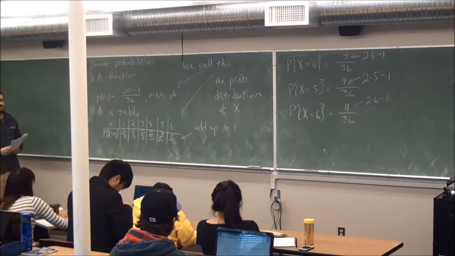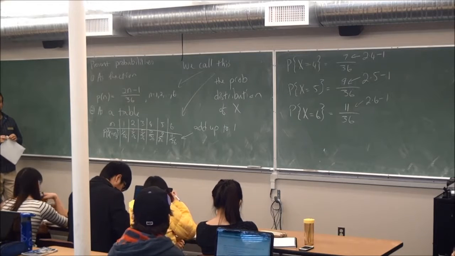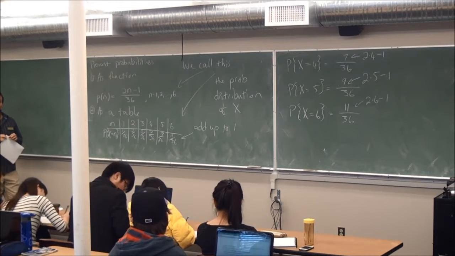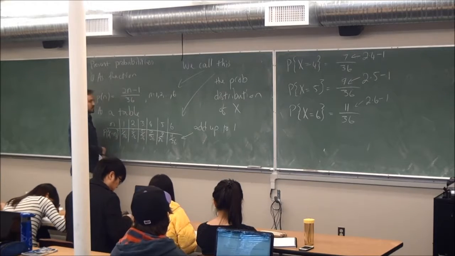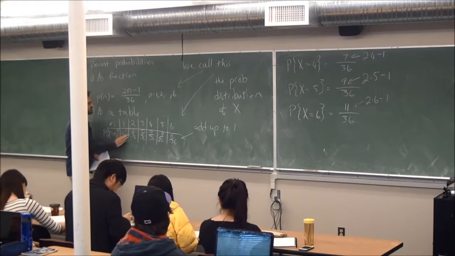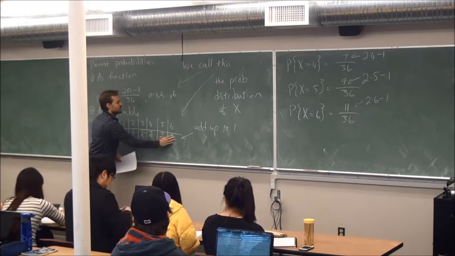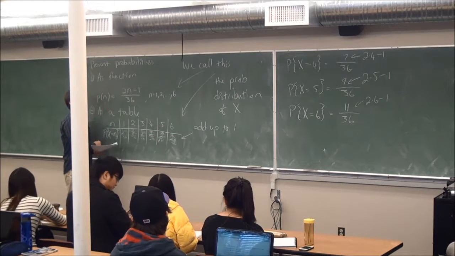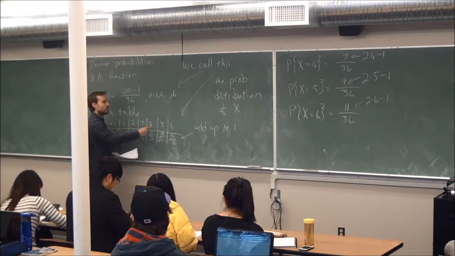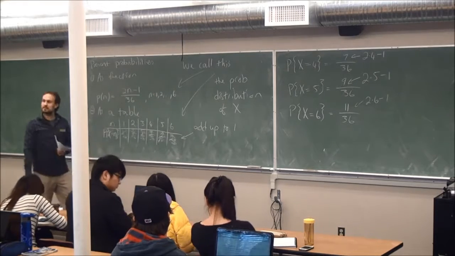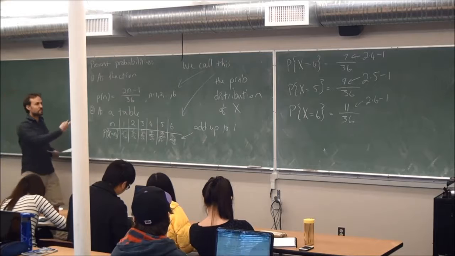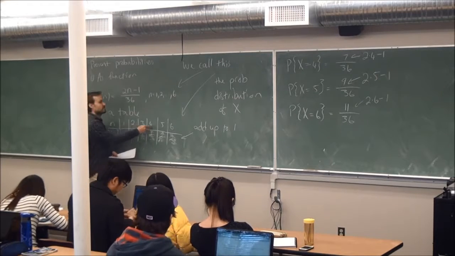Why does that make sense? 36 over 36. Yeah, but if I didn't give you these numbers, I just smudged them out, and I changed the experiment a little bit, if I run over all the possibilities, will the probabilities always add up to 1? Yeah, because something's going to happen. One of these guys will happen.